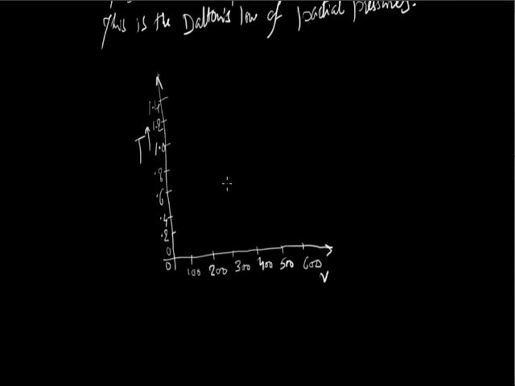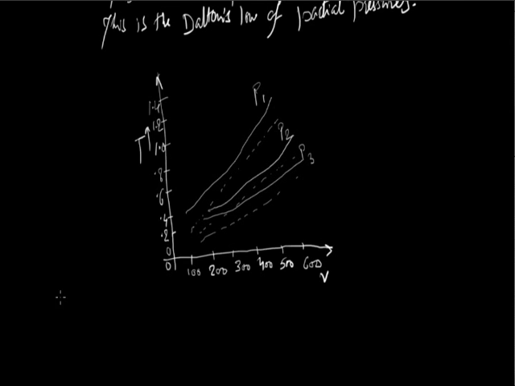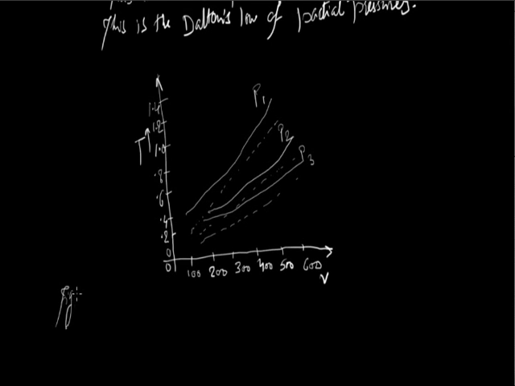Now how the pressure varies according to temperature and volume. These are for the ideal ones: this is for P2, this is for P3. Now what are the actual curves? This will be P1, P2, P3. This figure is the experimental graph with experimental TV curves.